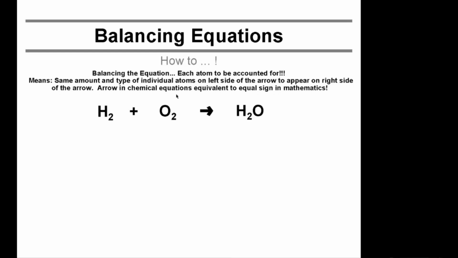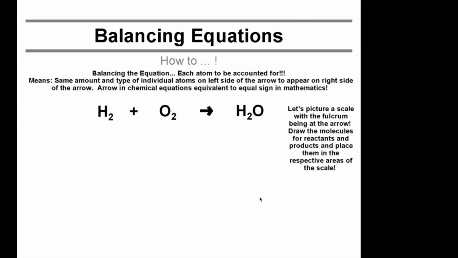Think about the arrow being the equivalent of an equal sign in math. When you do math, things on the left side must be the same as things on the right side.